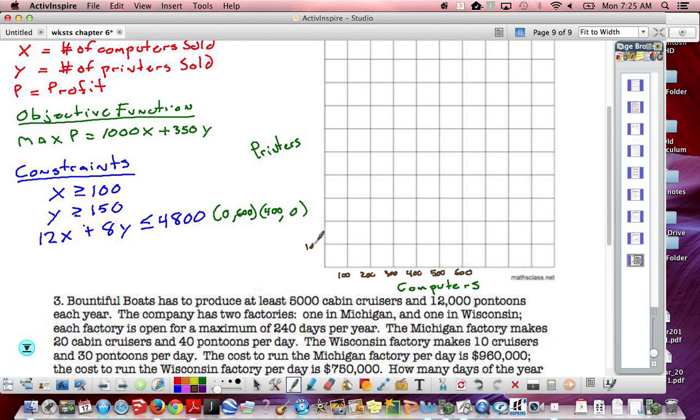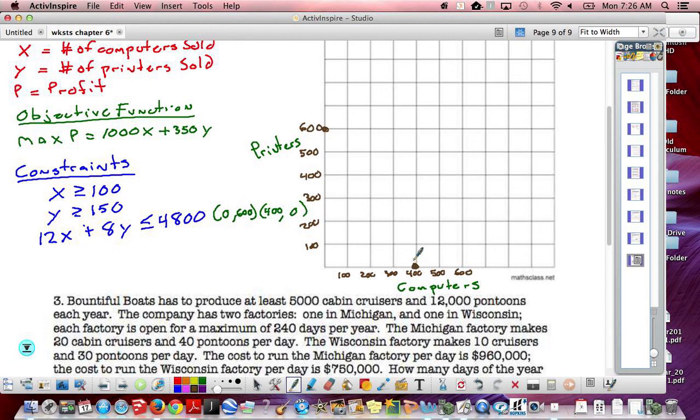Do the same thing: 1, 2, 3, 4, 5, 6. I thought about counting by 50s, but 650 goes into 600 12 times, so it'd be off the grid just a little bit. So now 0, 600, and then 400, 0.